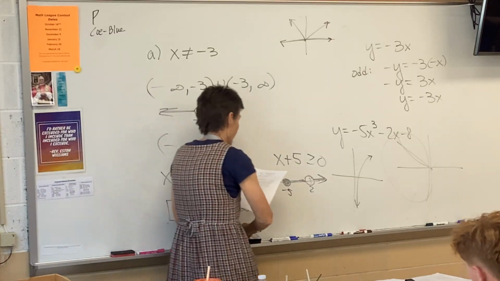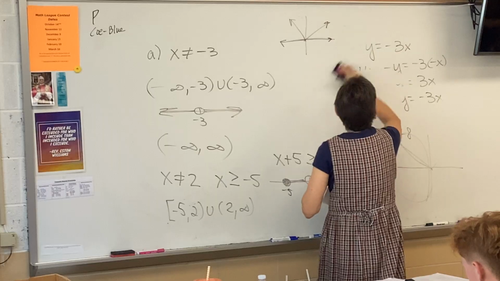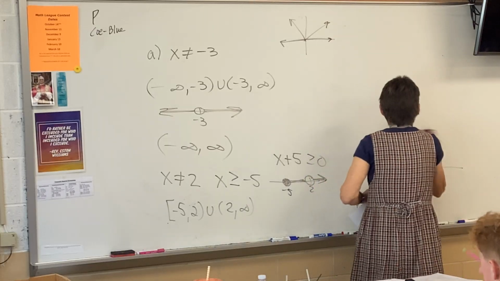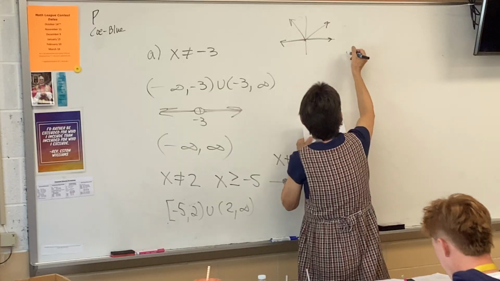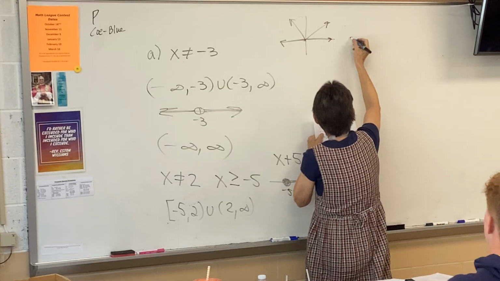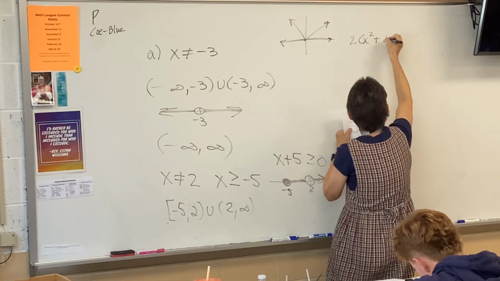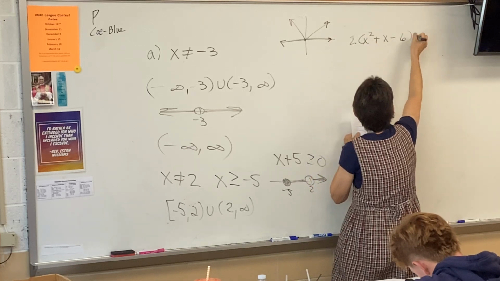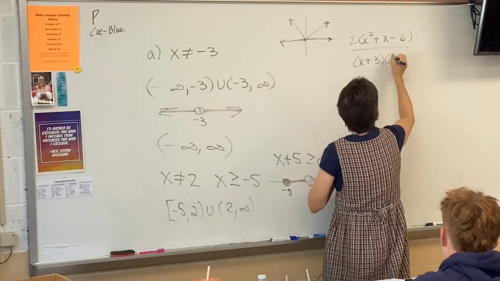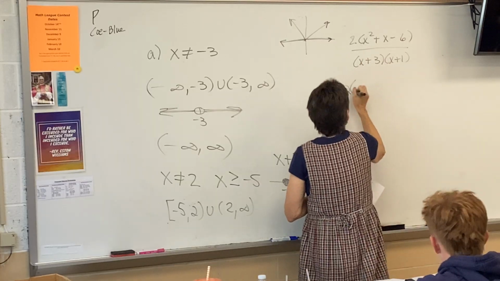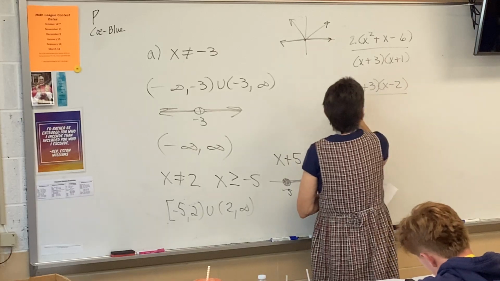Number 4, find all of the asymptotes, holes, and intercepts. So what are we going to do first with problem number 4? Factor it. So, 2x squared plus x minus 6.